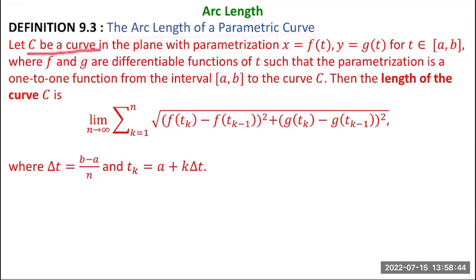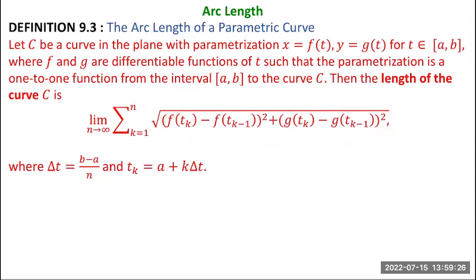Let C be a curve in the plane with parametrization x is equal to f of t and y is equal to g of t for t in some interval a comma b, where f and g are differentiable functions of t such that the parametrization is a one-to-one function from the interval a comma b to the curve C. Then the length of the parametric curve C is given by this limit: limit as n approaches infinity, sigma k goes from 1 to n, square root of this quantity.